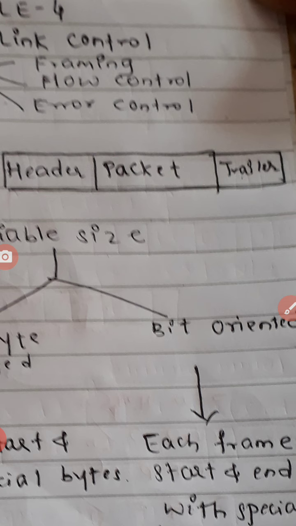Now the data link layer will attach a header and trailer to the packet to form the frame. The header contains the information regarding source address and destination address, whereas the trailer contains the information regarding error detection and error correction redundancy bits. The process of forming a frame is nothing but framing.